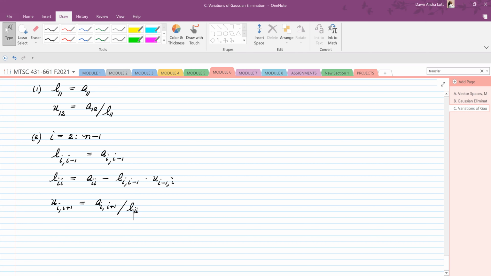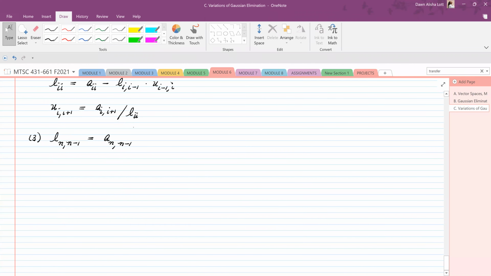And then after you complete that, your last step is Ln,n-1 turns out to be An,n-1, and then your last element, Lnn, turns out to be Ann minus Ln,n-1 times U(n-1),n.